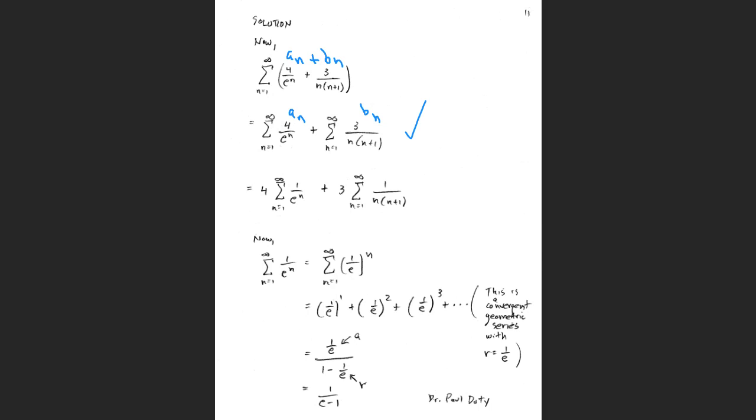And constants like 4 and 3 can be brought out in front of the series. So that gets me down to here.